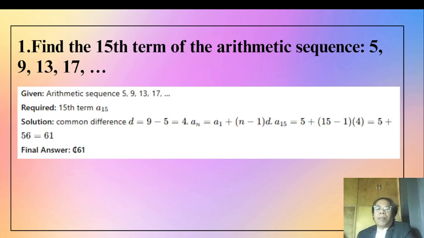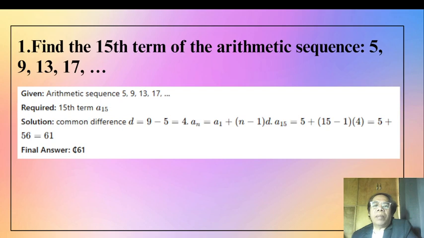Find the 15th term of the arithmetic sequence 5, 9, 13, 17. So we're given the arithmetic sequence 5, 9, 13, 17. We are asked to determine the 15th term. So the common difference is 9 minus 5, which is 4.